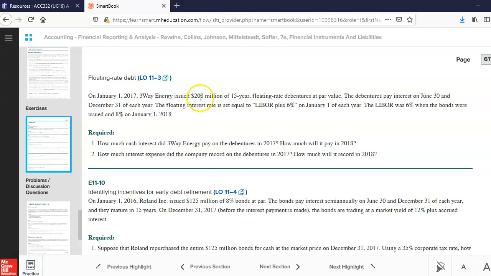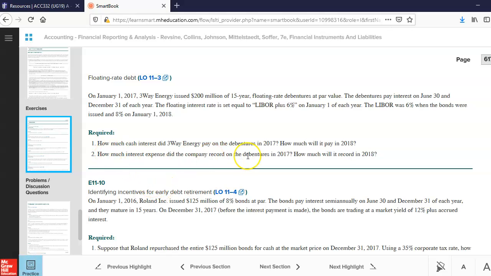So $200 million times 12% is $24 million. That was the 17 amount. In 18, we take 6% plus 8%, which is 14%. Now we take that 14% and multiply it by the $200 million to get our interest.